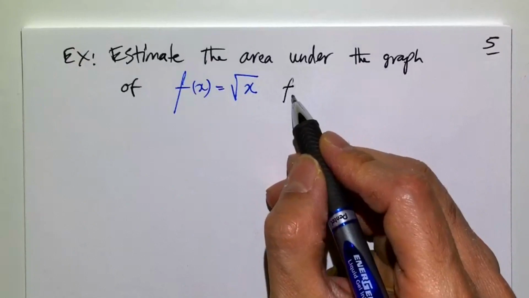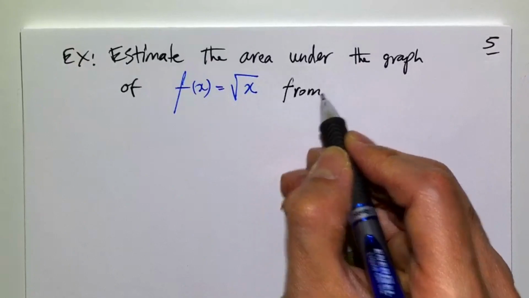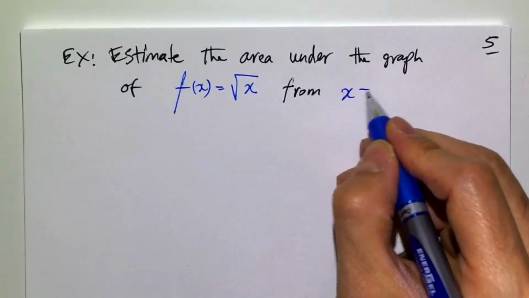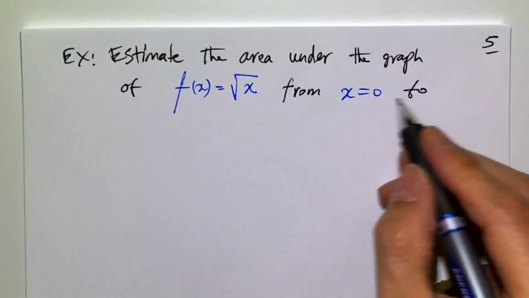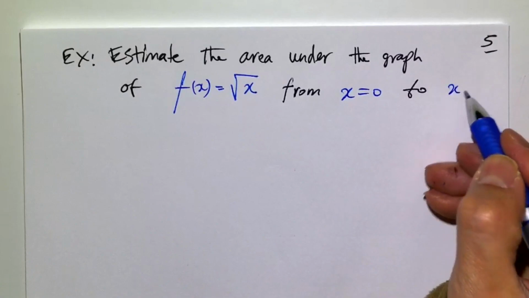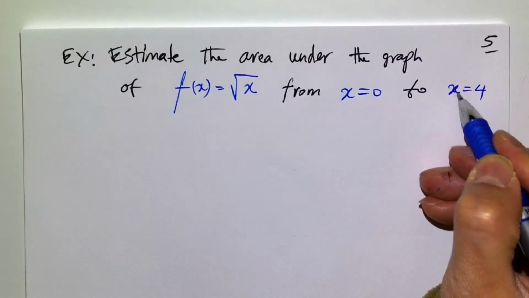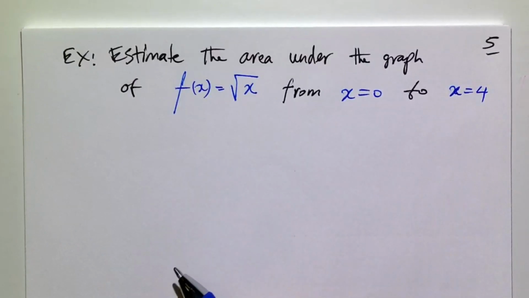From x equals 0. Let's make it easy. So x equals 0 to x equals 4. Simple, straightforward division of 4 rectangles, right? Okay, and then we want to do that.